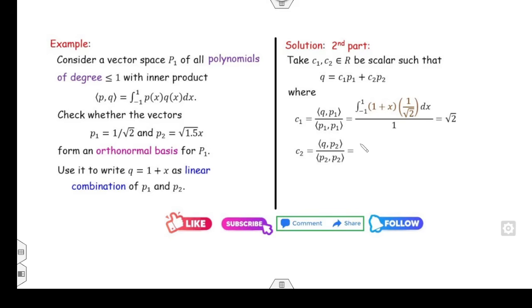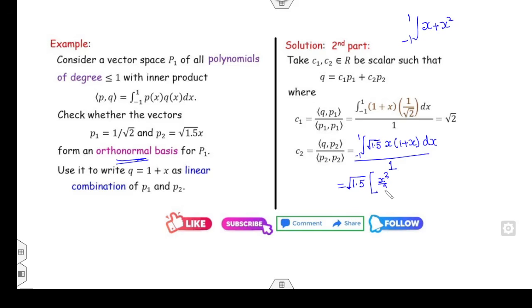Similarly, we can find the value of C2. Integral from minus 1 to 1 of root 1.5 x into 1 plus x. Denominator value will be 1 because they are orthonormal. We already proved that it's orthonormal. So root 1.5 is outside. If you solve it, it will be x plus x square, integration from minus 1 to 1.